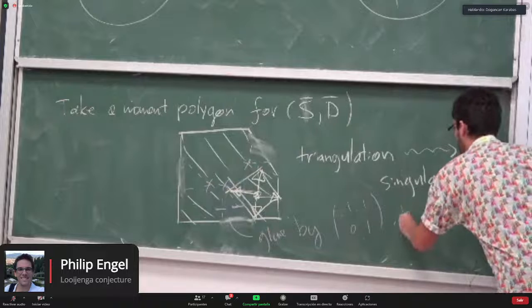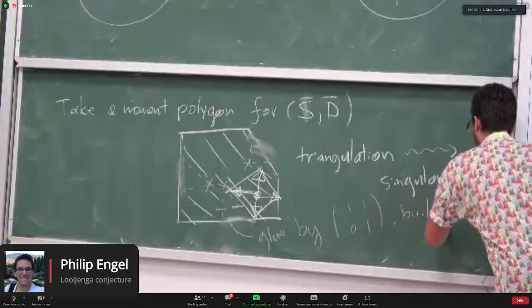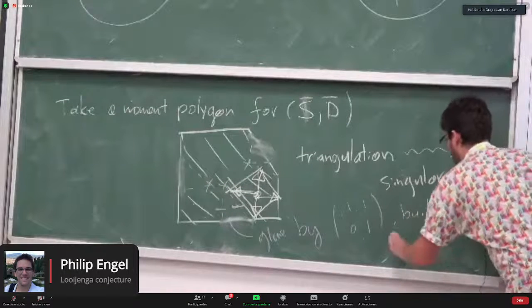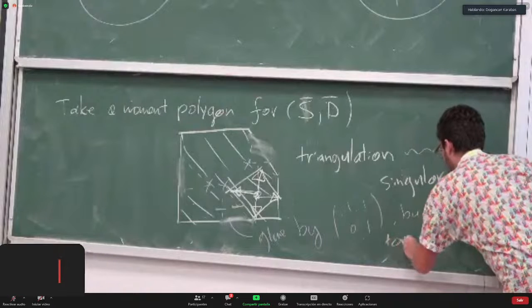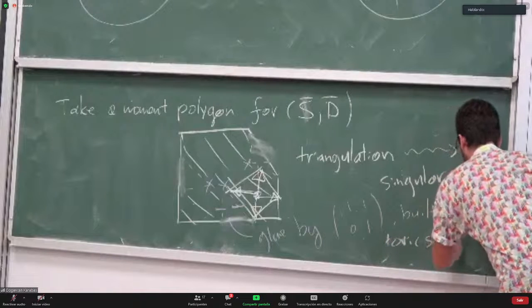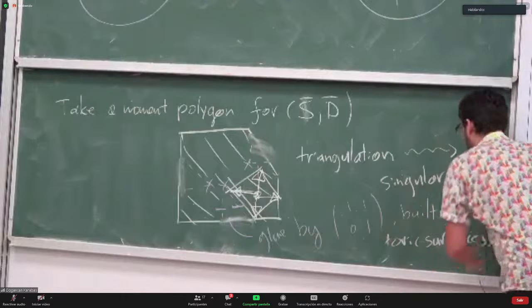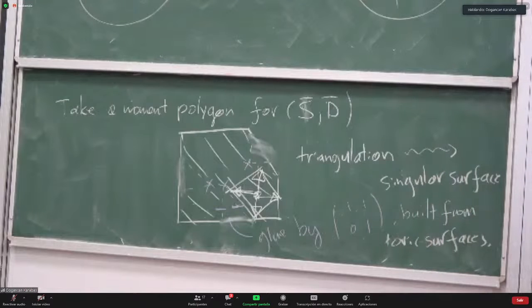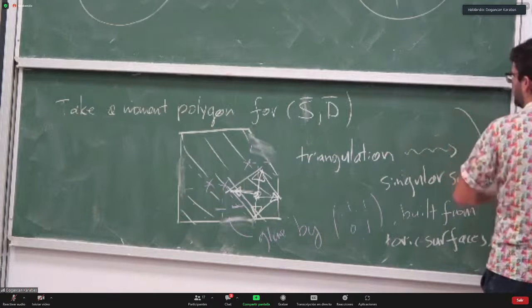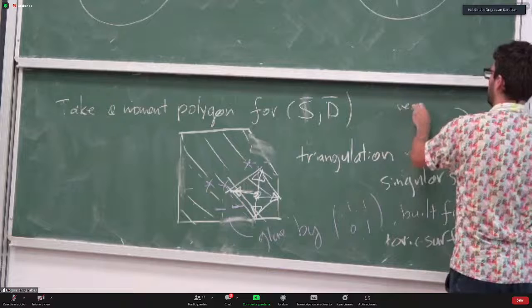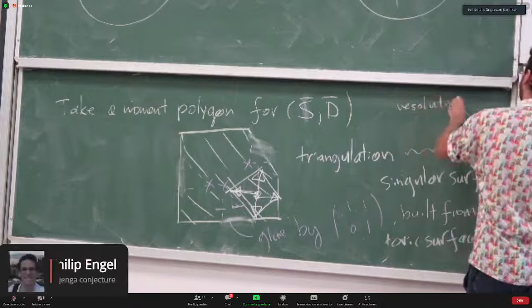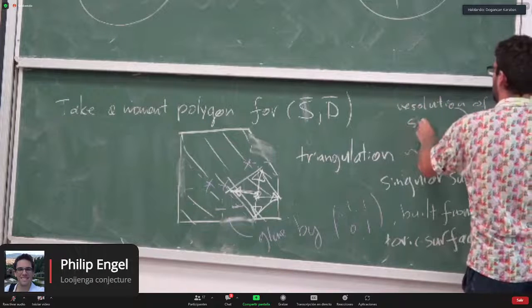So built from toric surfaces. And from this singular surface, ultimately, you can prove that this is the resolution of a smoothing of the dual cusp.